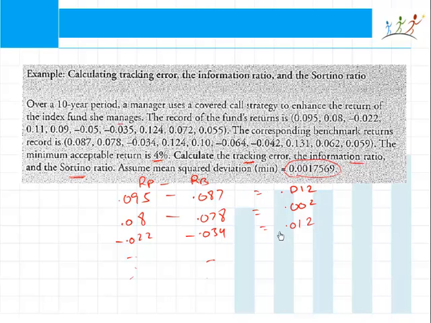We can then take the standard deviation of these returns, that is, calculate the mean, take the deviations from the mean, square them, sum them up and divide by n minus 1, which will give us the standard deviation. The average of the active return divided by that standard deviation will be the information ratio.